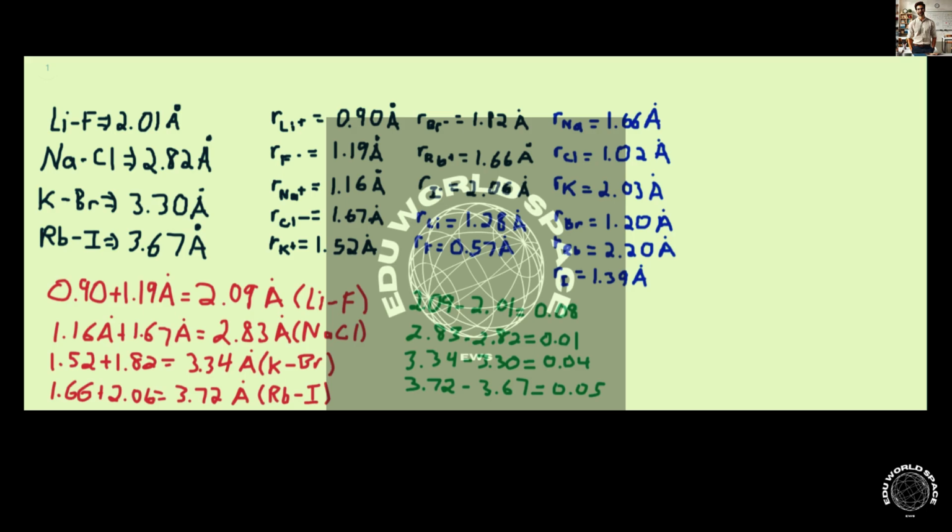So now they want to know, what estimates of the cation-anion distance would you obtain for these four compounds using neutral bonding atomic radii? That's going to be pretty simple. We're going to use these ones in blue. These are the atomic radii for neutral atoms.